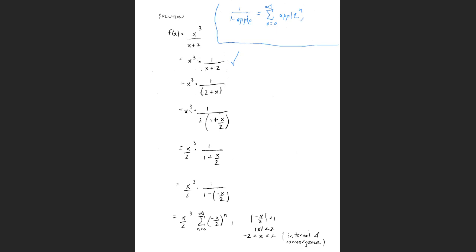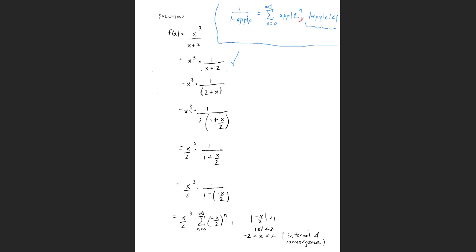The interval of convergence says that the absolute value of the apple is less than 1. What I'm trying to say is it's like when you buy a new car, you get a guarantee on the car, right?